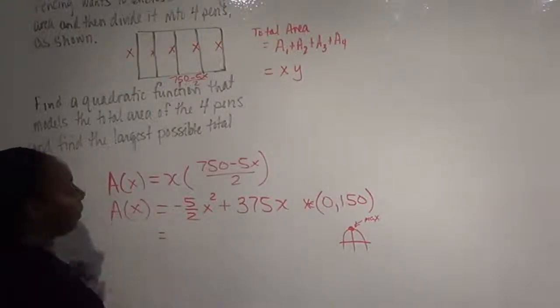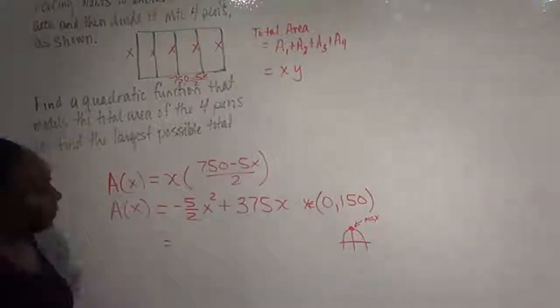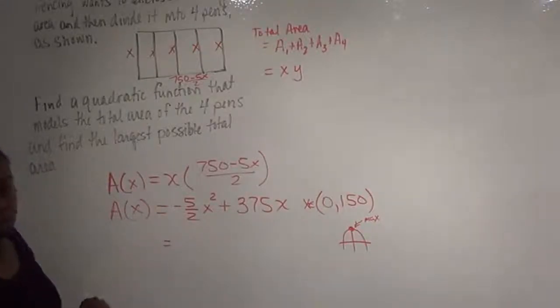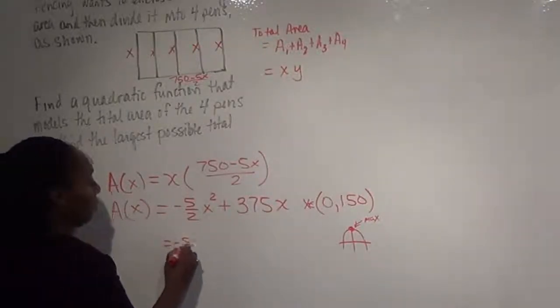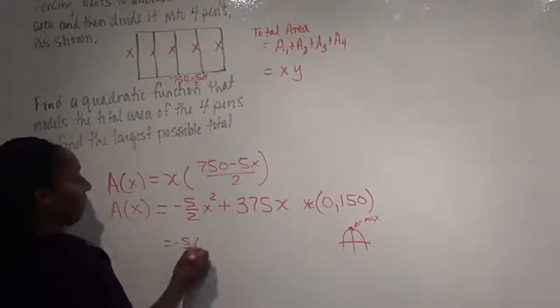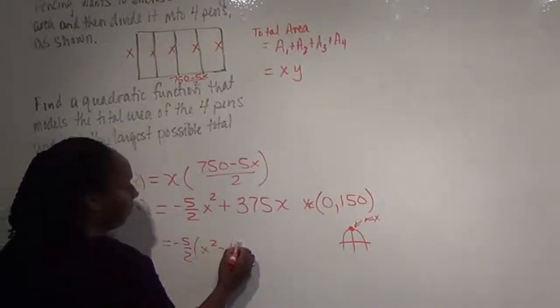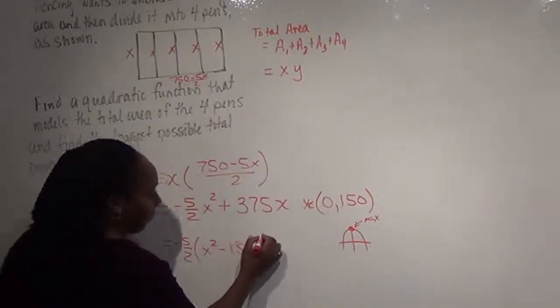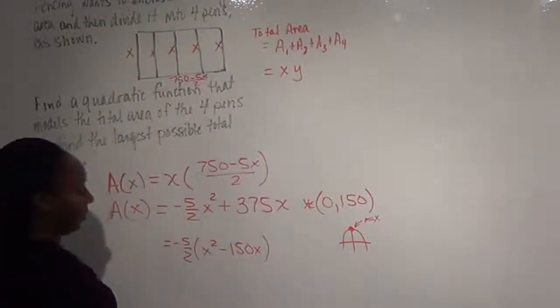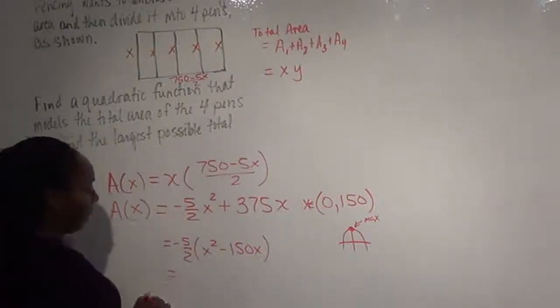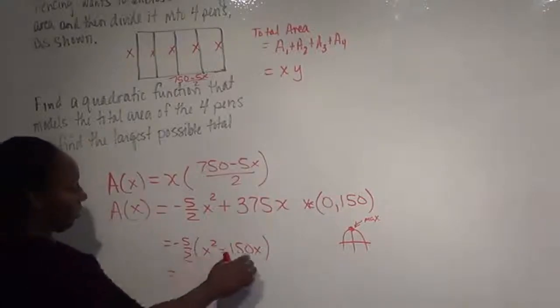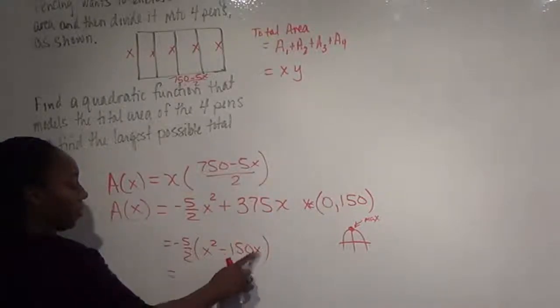Okay? Me personally, I actually like completing the square a little better, so I'm going to use that method. I'm going to pull out my -5/2. Again, from there I'm going to take 1/2 of my middle term and square it.